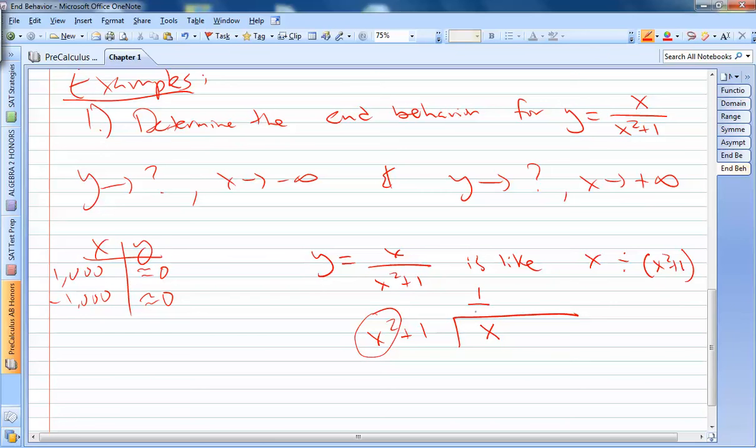Of course I have to multiply x squared by 1 over x to get that. So if I work it out, I get x plus 1 over x, subtract these two, that goes away, you get negative 1 over x. So essentially, when x gets really, really big, this guy approaches 0.